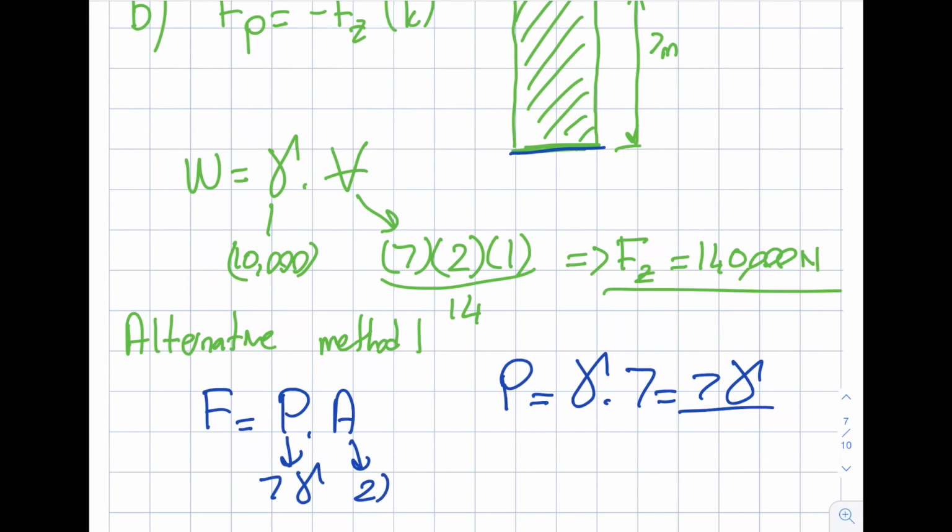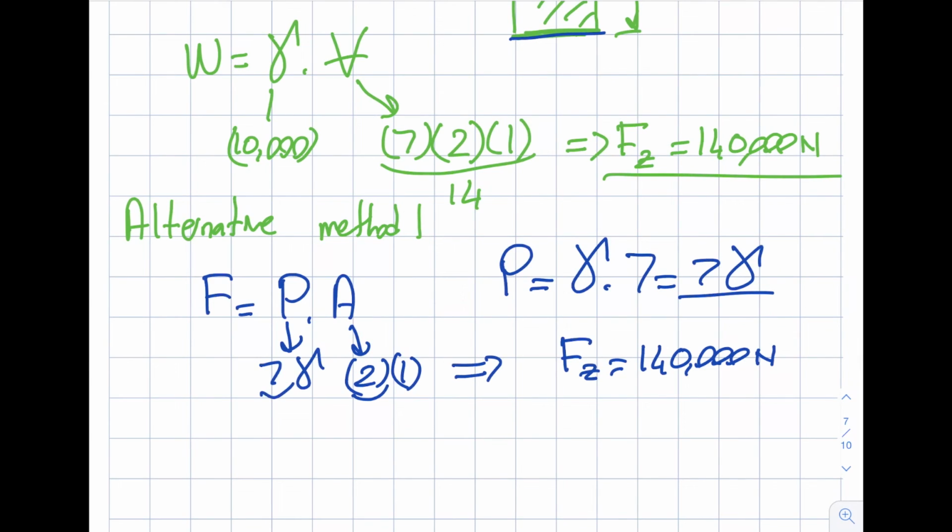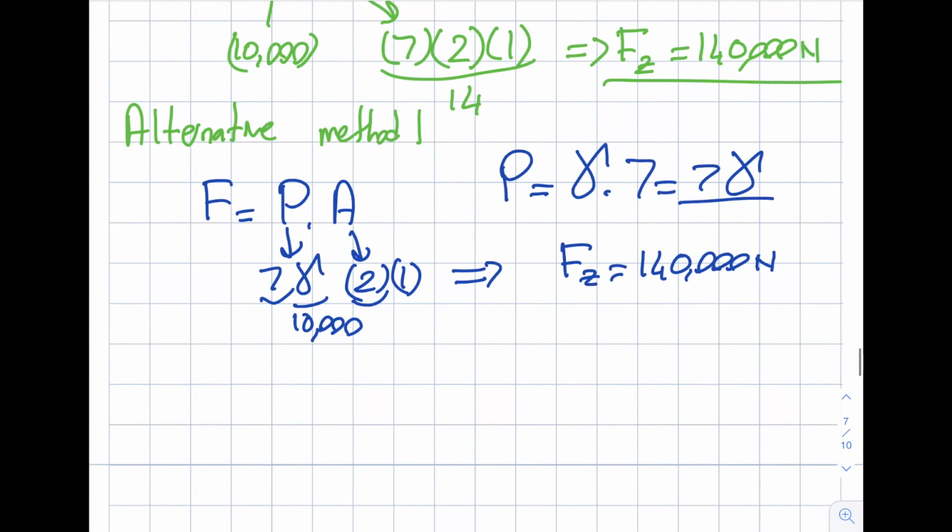The width is 2, going into the page is 1, and you see over here it's the same thing. I get my FC as 140,000 newtons, right? Just to clarify, 2 times 7 is 14, times 10,000, so I get 140,000. So at the end of the day, my FP for surface number 2 becomes minus 140,000 in the k direction.